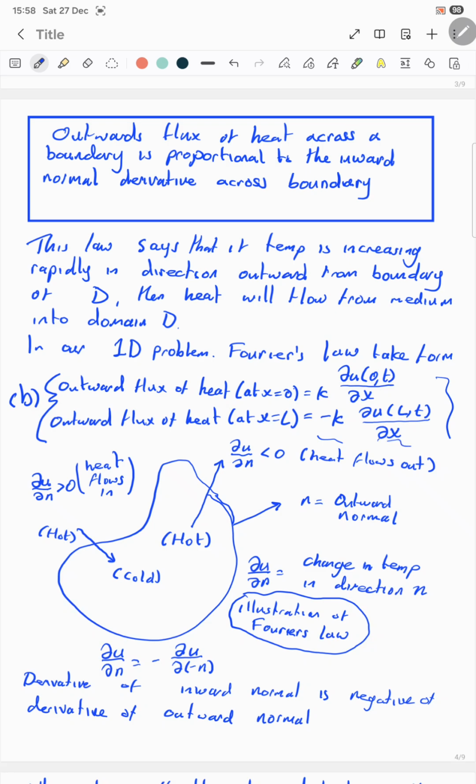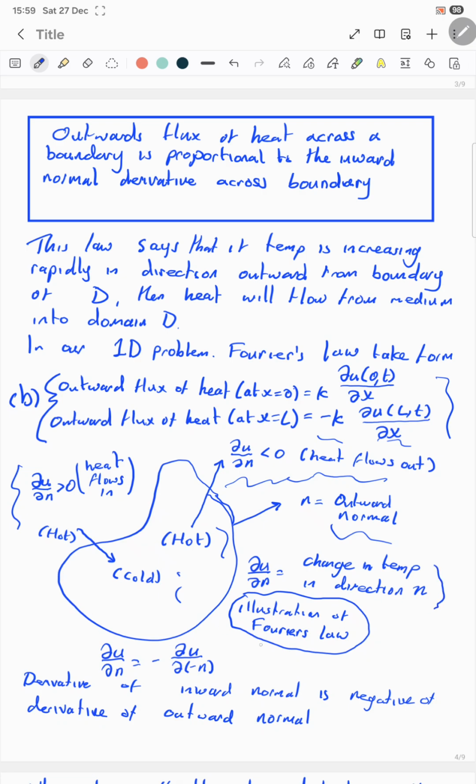Now I've drawn here du/dn greater than 0, which means heat flows in, and this one likewise is less than 0, and it means heat flows out, and this is hot and cold. n is the outward normal. Now du/dn is the change in temperature in the direction of n.